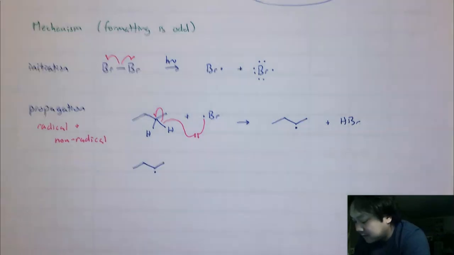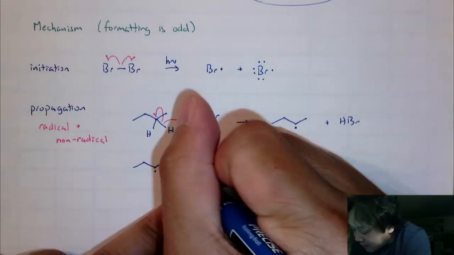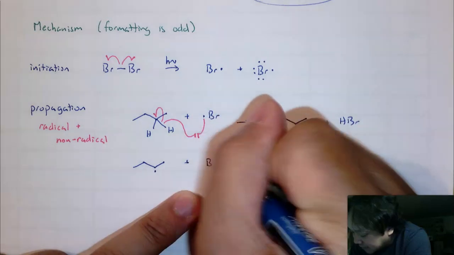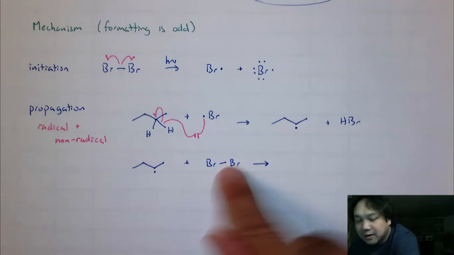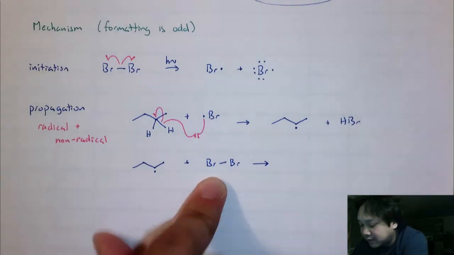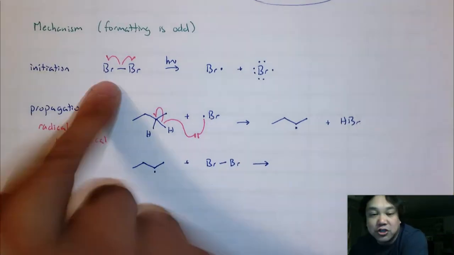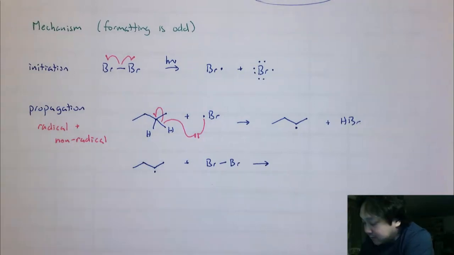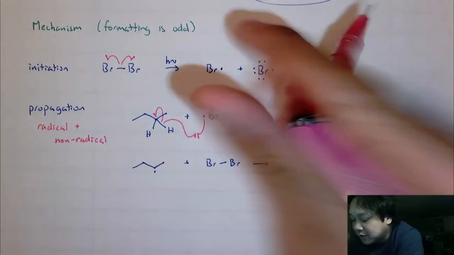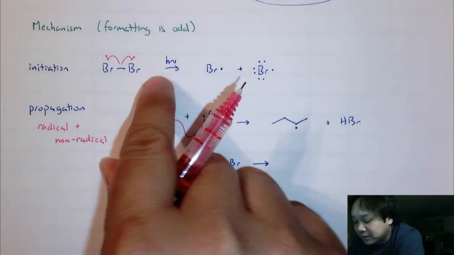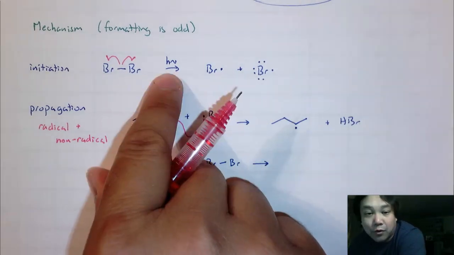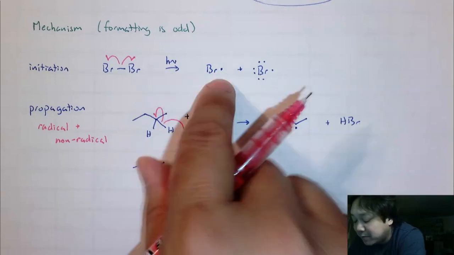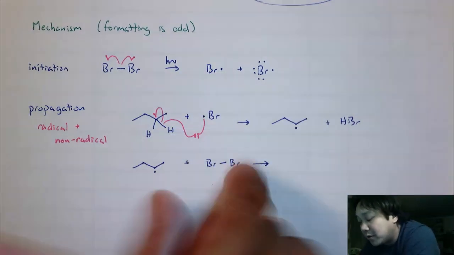Non-radical. My non-radical is this Br2, which is going to be a little bit odd to some of you, because you may say, I thought we took care of this Br2 in the initiation. The thing about initiation is you don't want to create a lot of radicals, so you just pulse the solution temporarily with light or heat and get a couple radicals to start the propagation going.